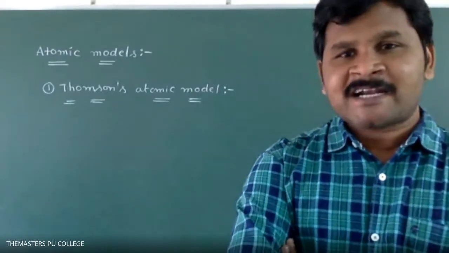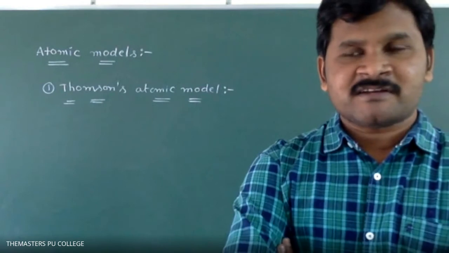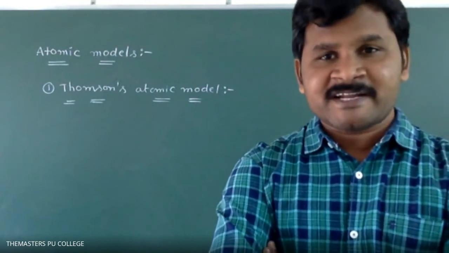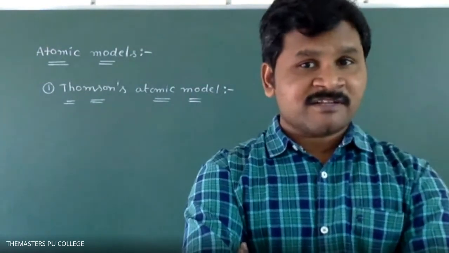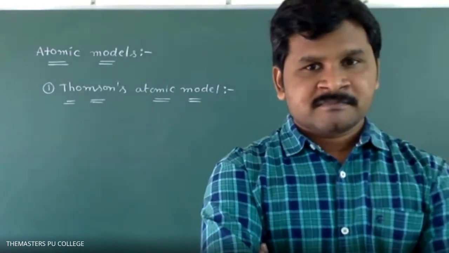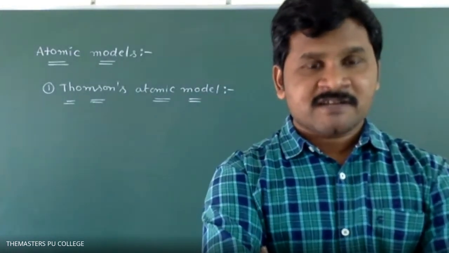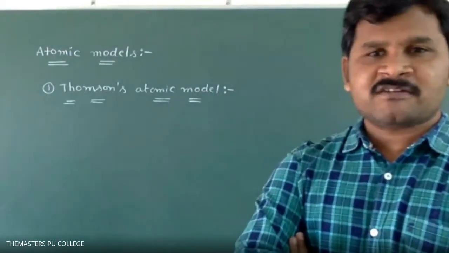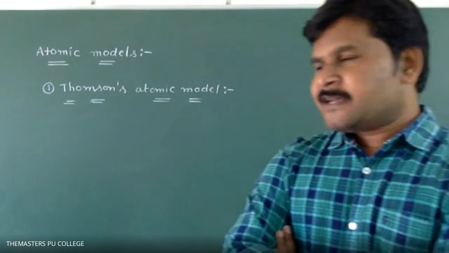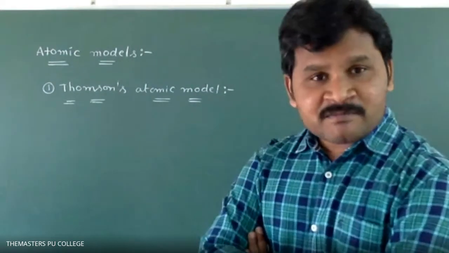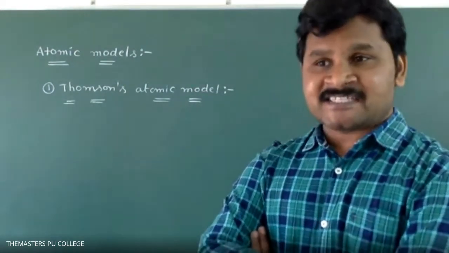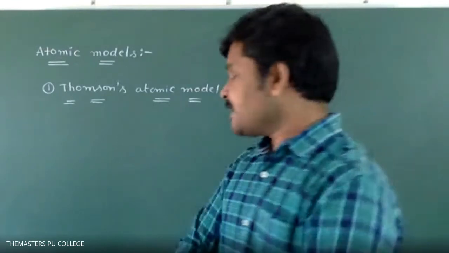I am not asking for other names. Do you remember any key points? Sir, protons and electrons are arranged randomly in the space of the atom. Okay. According to Thomson's atomic model, atoms are spherical in shape.